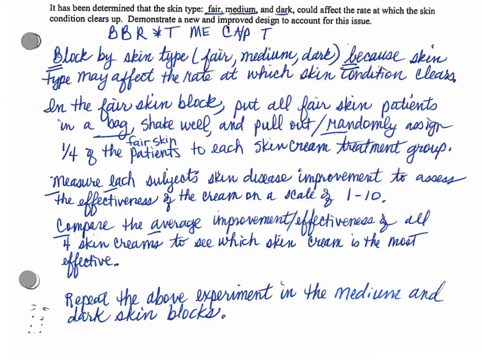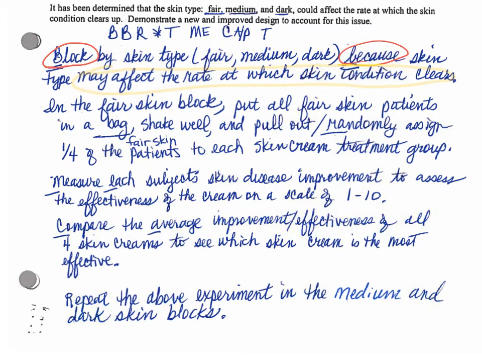So, the B at the beginning is block by skin type, fair, medium, and dark, because skin type may affect the rate at which the skin condition clears. You have to have this part here because the skin type may affect the rate at which the skin condition clears.